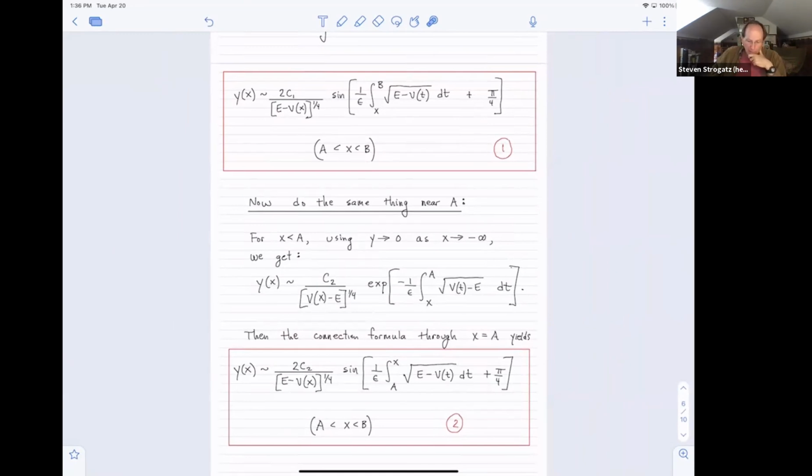Well, do they have the same x dependence? They don't appear to when you just look at them because, well, this e minus v of x to the 1/4 power, that's the same. That's not causing any trouble. It's the fact that this integral goes from x to b, whereas this integral goes from a to x.